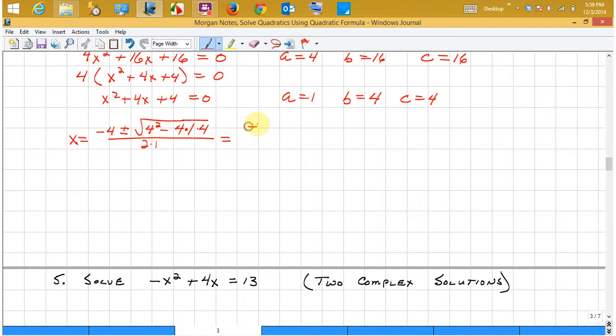That's going to be equal to negative 4 plus or minus the square root of 16 minus 16 all over 2, which is equal to negative 4 plus or minus the square root of 0, which would just simply be equal to negative 4 halves. So notice that because what happened underneath the square root became 0, I've got plus or minus 0, so I really am only going to have one solution, and that solution is going to be equal to negative 2.